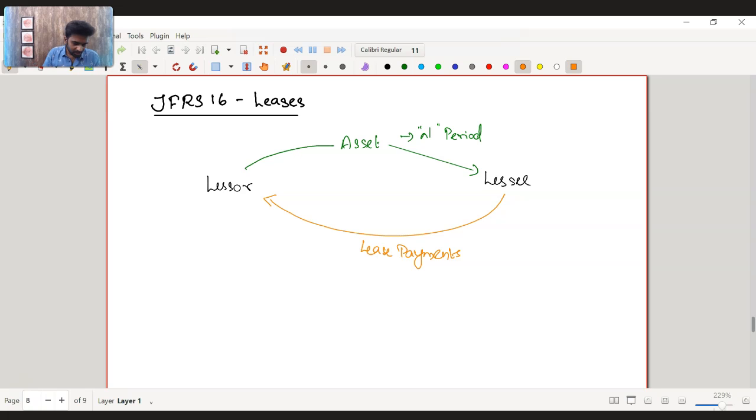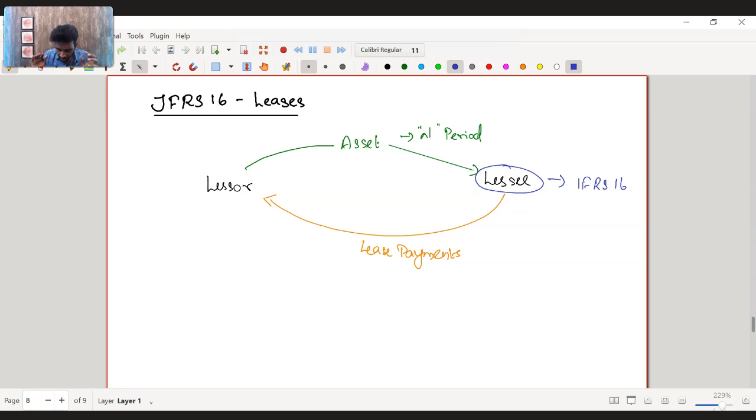The lessor is the owner of the asset, who has purchased the asset and given it to the lessee to use for a specific period of time. In return, the lessee gives back the lease payments for using the asset every year. This is called a lease contract. Very simple, right?